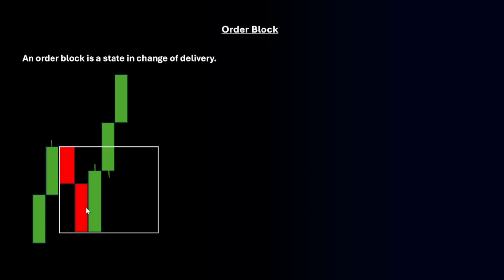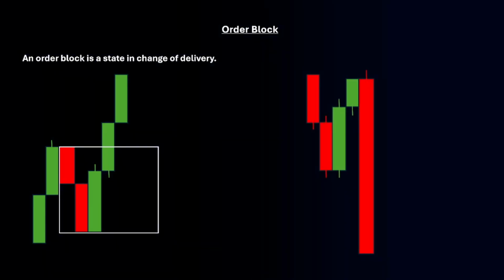Now, in some examples, you might see one candle trading through in a state in change of delivery, or there might be more than 2 candles, or maybe even one opposite side candle in a downtrend. But in this example, there are 2 up close candles. Then there is 1 down close candle trading lower with a high impulsive momentum, running this swing low.